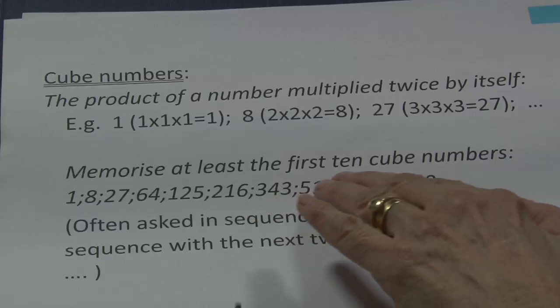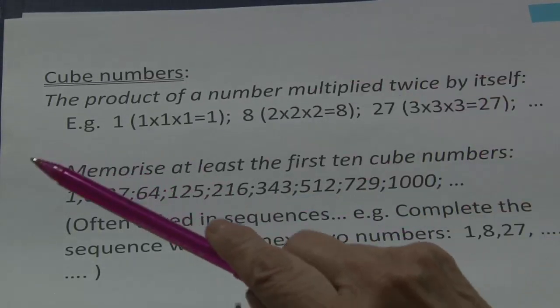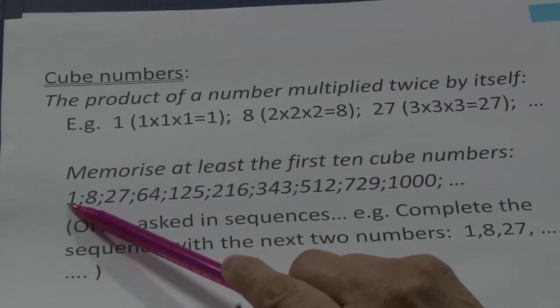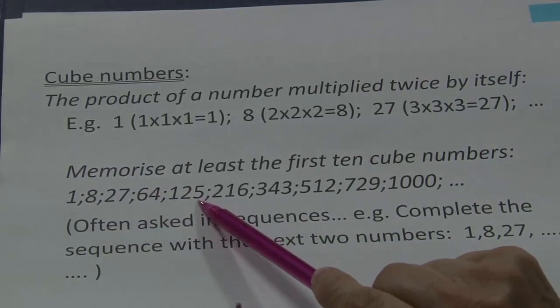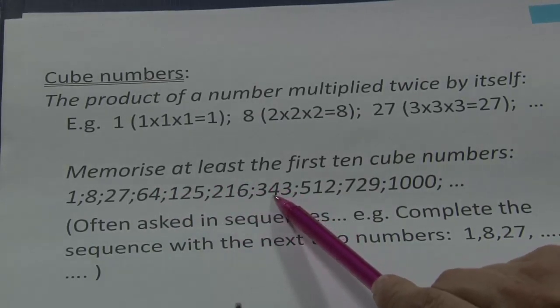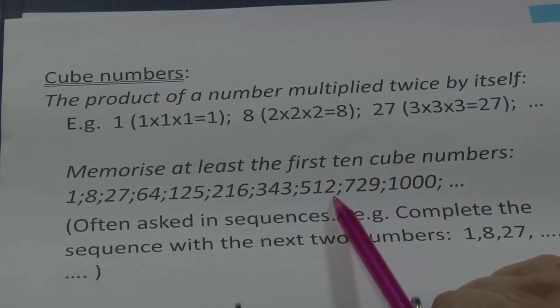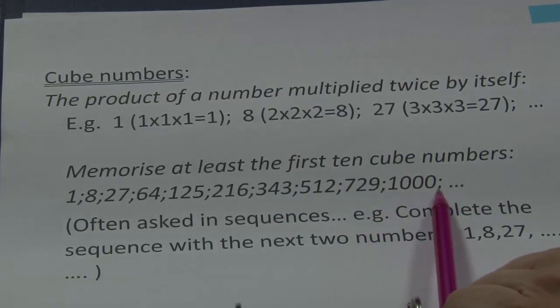You can go on and memorize at least the first 10 cube numbers: 1, 8, 27, 64, 125, 216, 343, 512, 729, 1000.